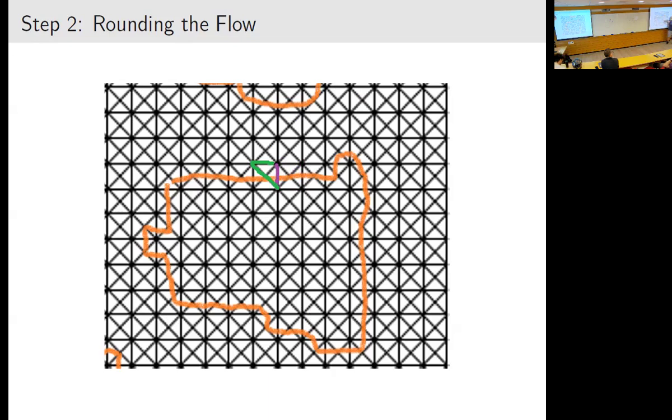You can just walk around this Eulerian tour of triangles, fix one of the edges, and eventually all of the edges leaving this set are correct. So what this is doing is just making the boundary of the blob integer.